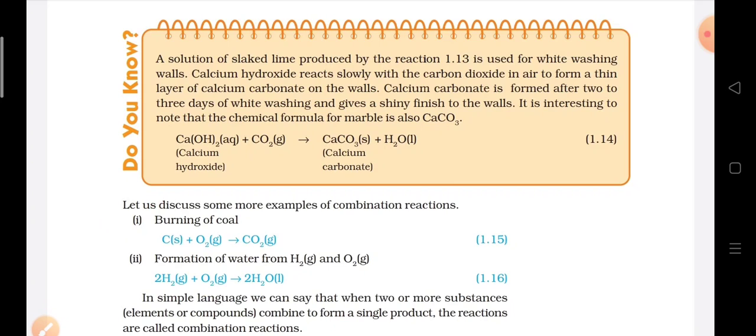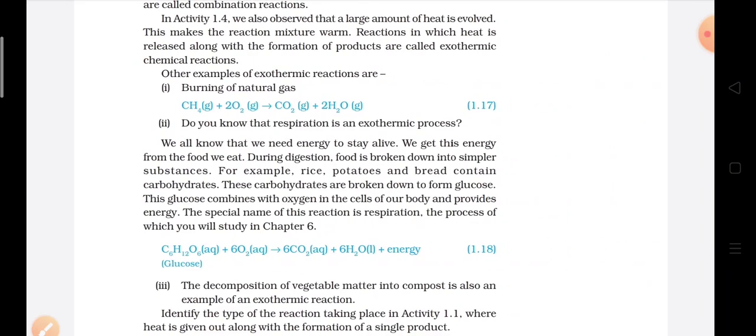The reaction is said to be combination reaction. Is it okay? So these are very important to identify the combination reaction. What is important is where two or more things, okay, react to form a single product. That type of reaction is known as combination reaction.